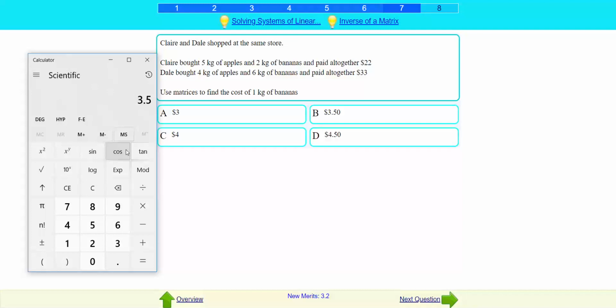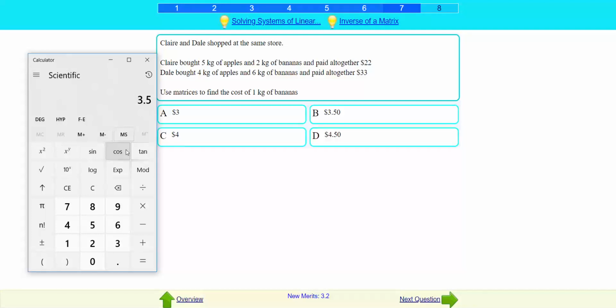So it's 1 over 22 multiplied by 6, negative 4, negative 2, and 5. So 6 out of 22, negative 4 out of 22, negative 2 out of 22, and 5 out of 22. Now we'll try to solve this.